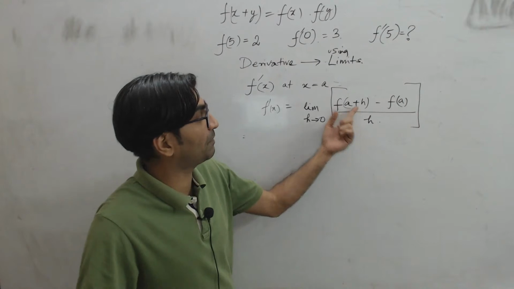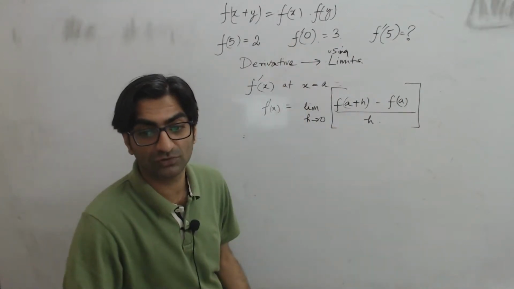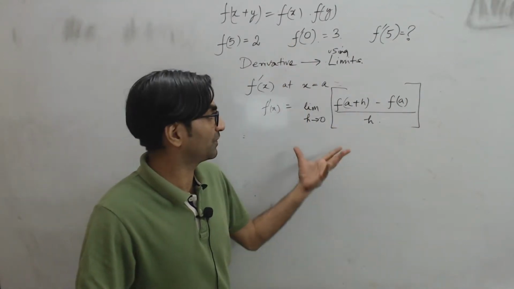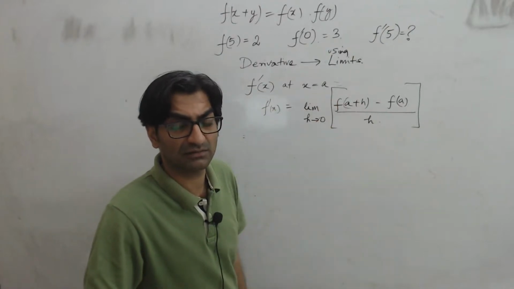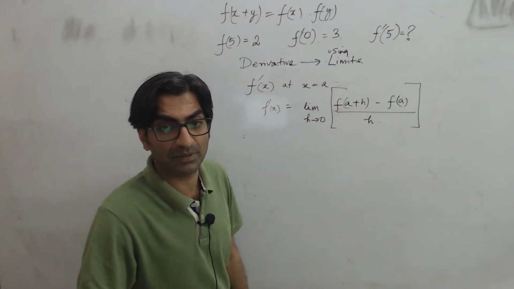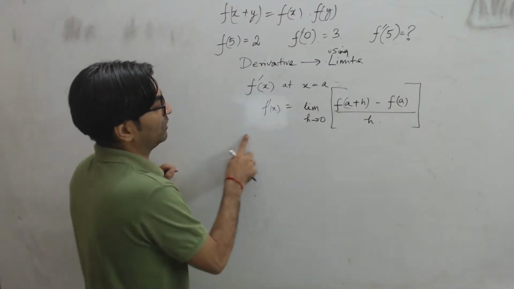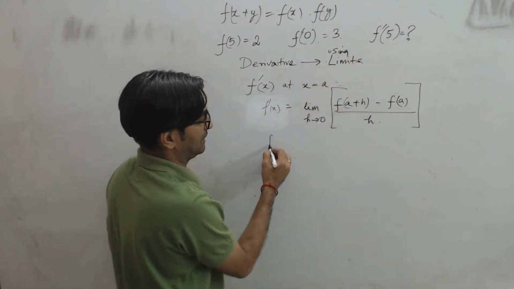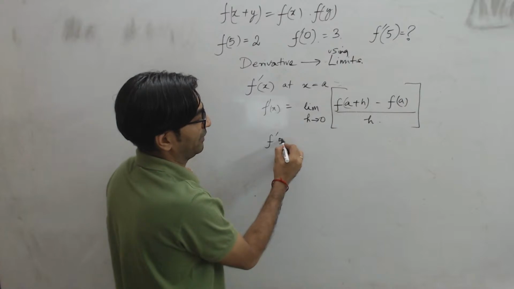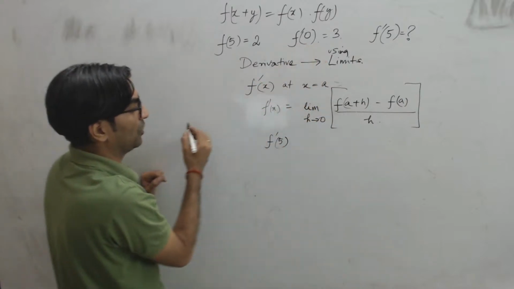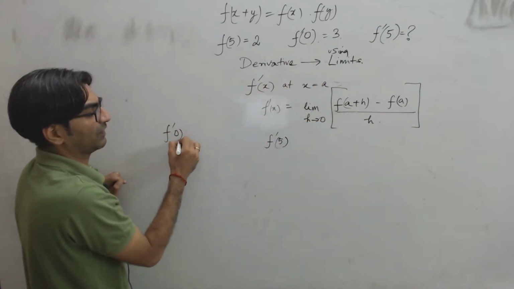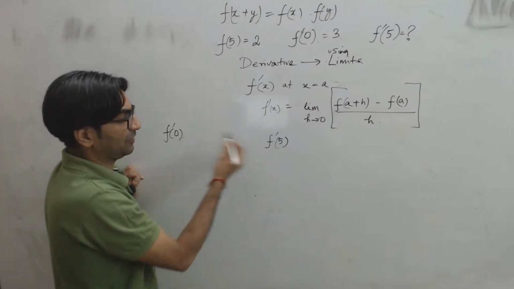Here I have f of a plus h, so I can use that property also, right? So since I want the derivative at 5, I'll start with f dash at 5. But since I'm given the derivative at 0, I'll also write the derivative for f dash at 0. I'll try and use both, right?